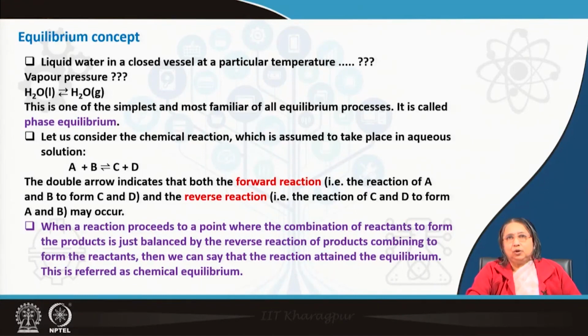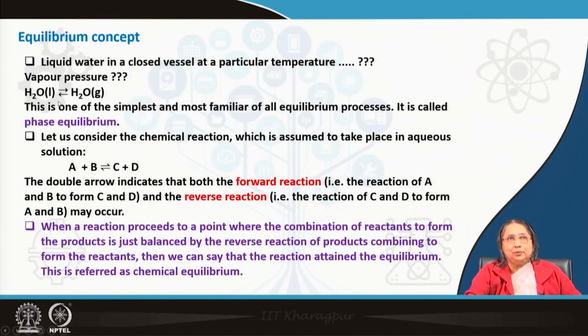What is the equilibrium concept? The simplest equilibrium is the equilibrium of water as liquid and water as gas. If you take some liquid water in a closed vessel and keep it for some time, allowing the phase transfer to go on at a certain temperature, then after some time equilibrium will be reached.